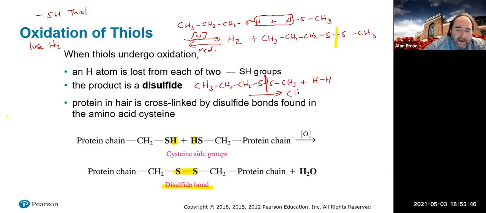So we would go left, and now we're going to add the H, and then we would add the H to the other side and finish it up with this guy. So again, that oxidation and reduction are basically reverse of each other when we look at those guys. Any questions on that there?